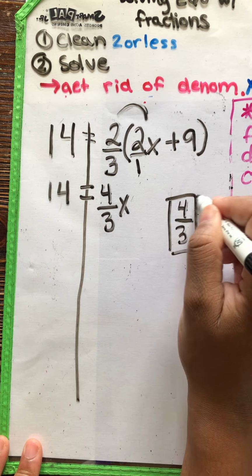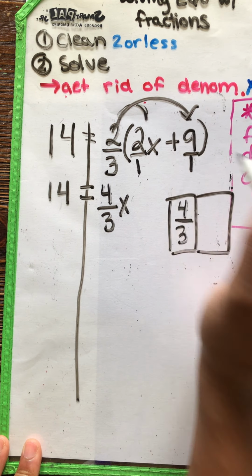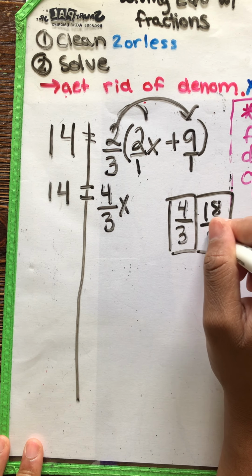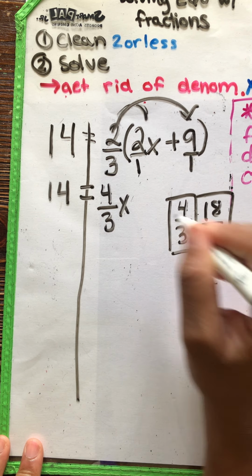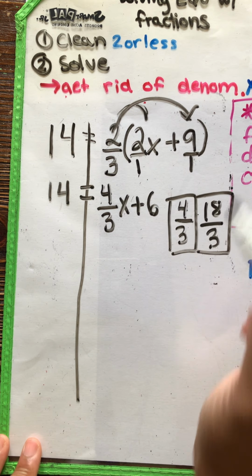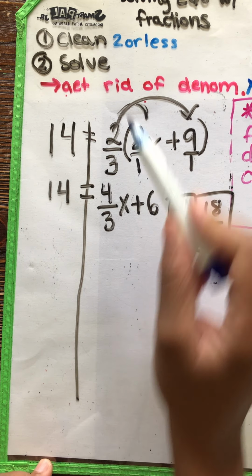Recall box. Let's do another recall box for our second distributing. Top times top is 18. Bottom times bottom is 3. 18 over 3, that cleans out to be a nice 6. And you're more than welcome to cross simplify when you do that. It's just a little bit confusing when you have some other items in the way. So I have 2 or less items, so I'm done cleaning.